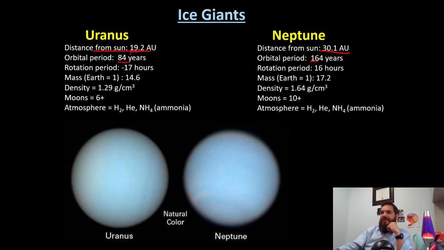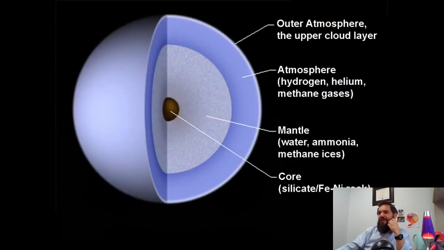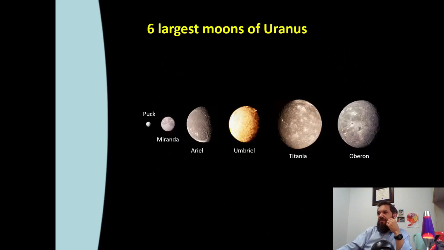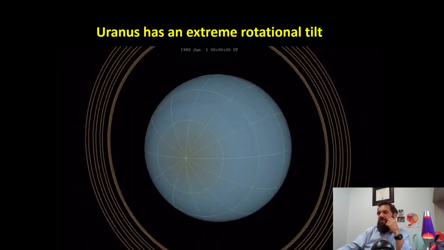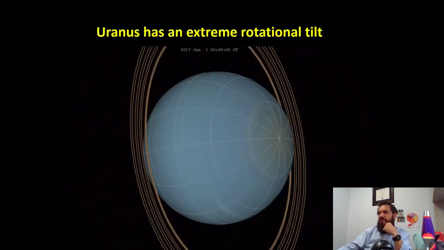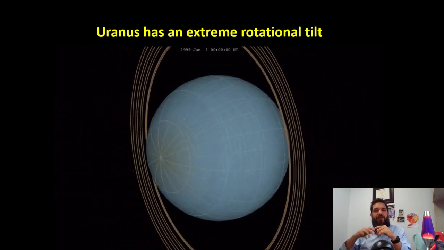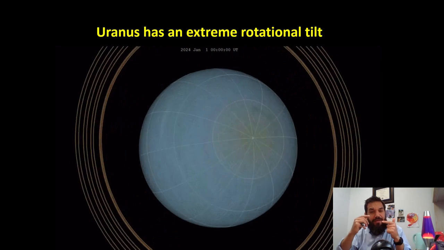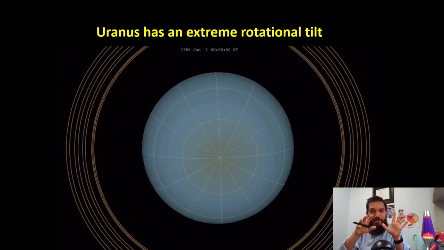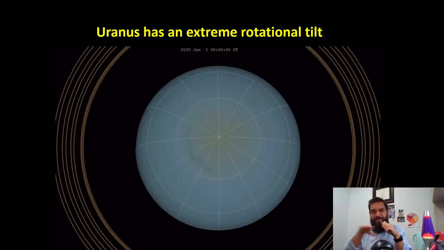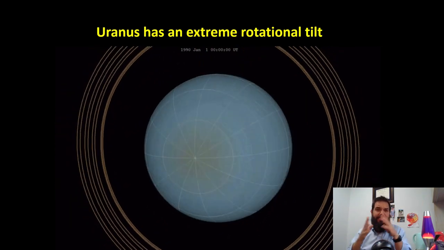Another thing that's kind of interesting about Uranus is that there's a picture of it relative to the Earth, and it has these 6 large moons. But the most interesting thing about it is it has an extreme rotational tilt, where it's almost tilted 90 degrees, so its rotational axis is almost in line and parallel with its ecliptic plane.